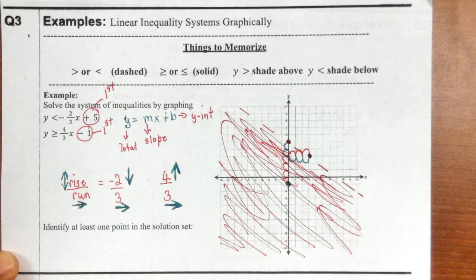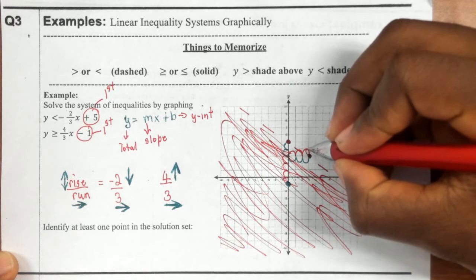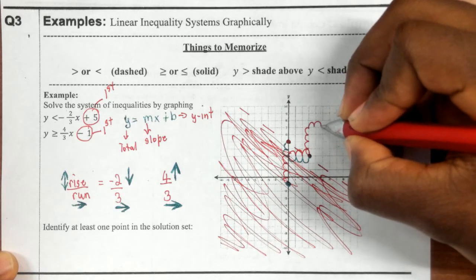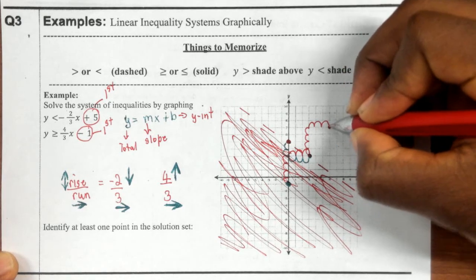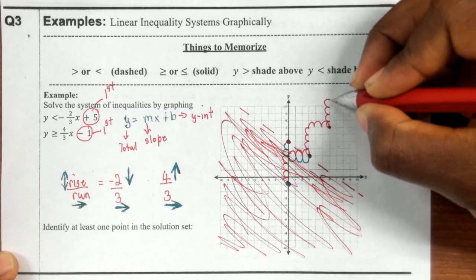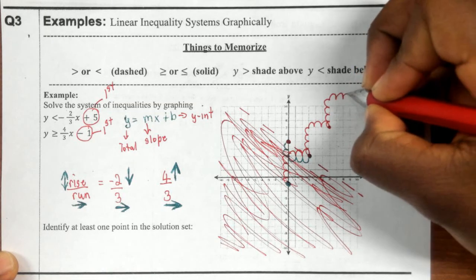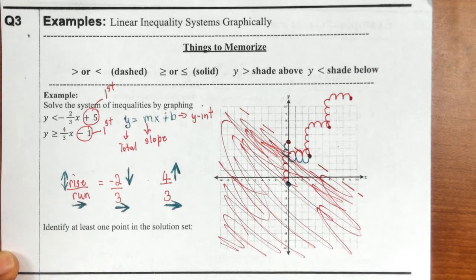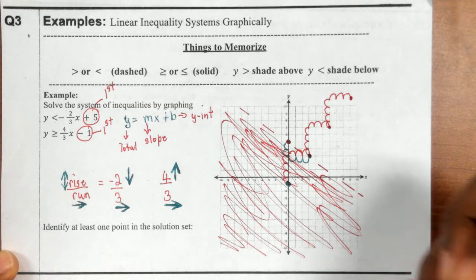If you continue to do the same thing, up 1, 2, 3, 4, right 1, 2, 3, it will help you draw almost a perfect straight line, because you're looking at the slope, which is the rate of change.